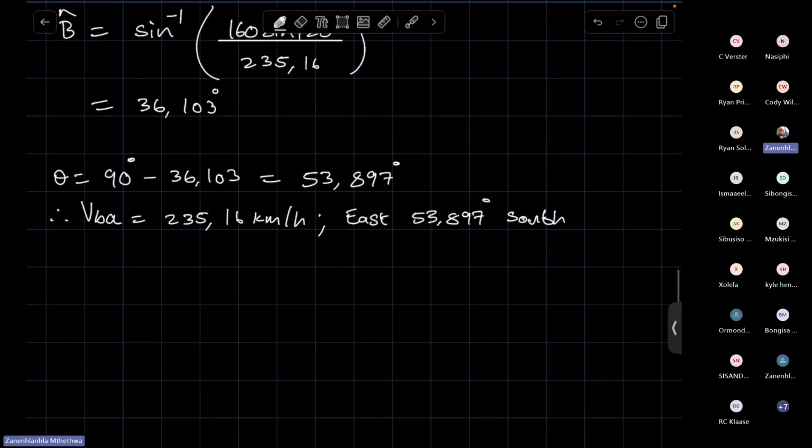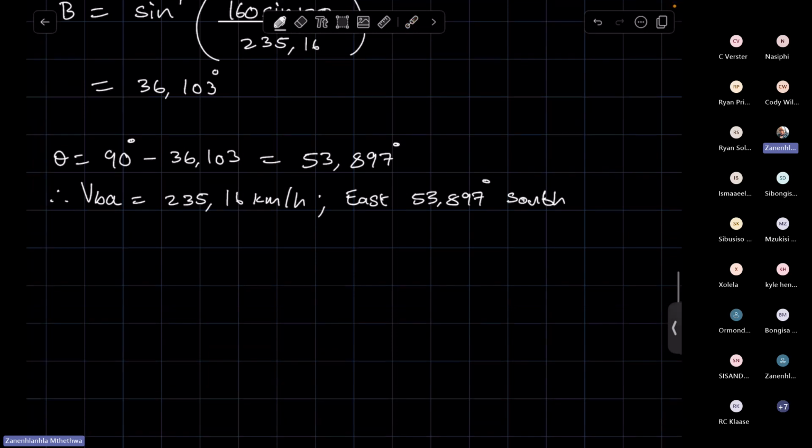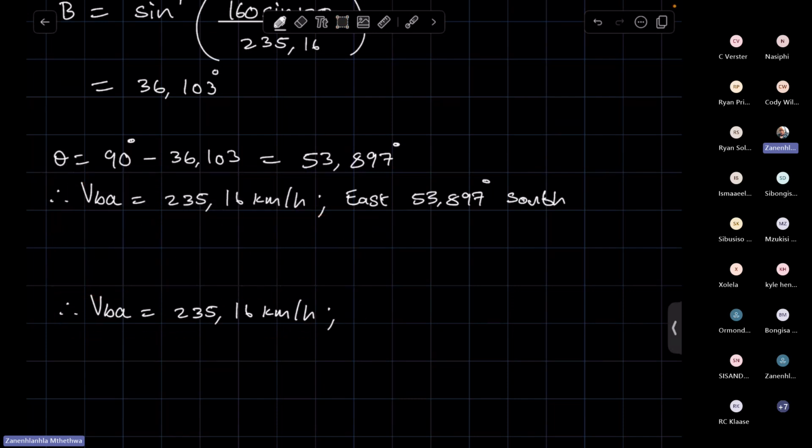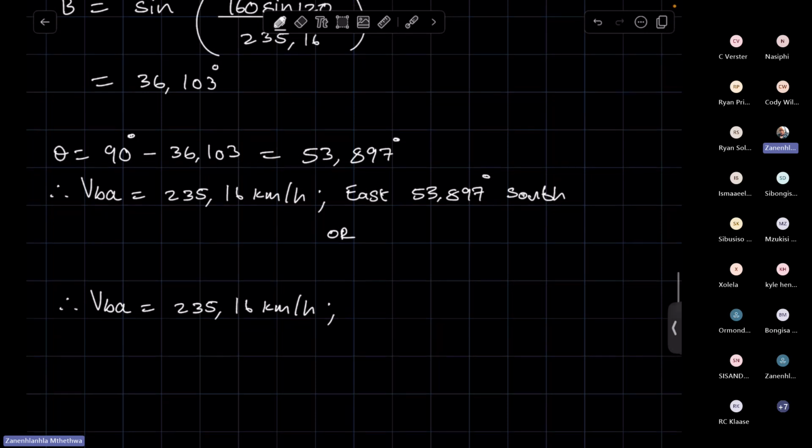Now, you do not necessarily have to do this, because the angle that you calculated was inadvertently referenced from the y-axis. You can just keep that. So you could have said your VBA, this angle, as we've established, is referenced from the y-axis.